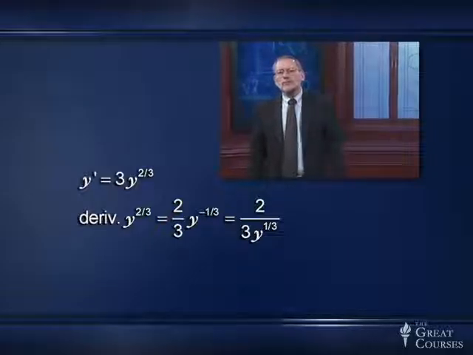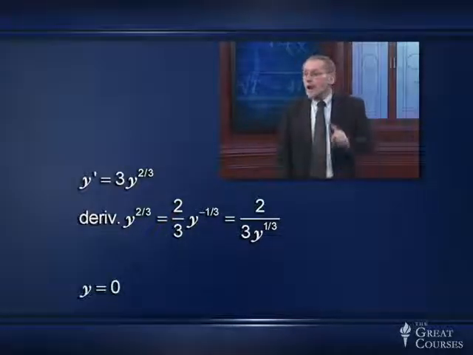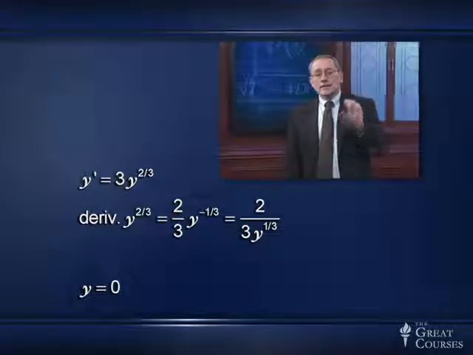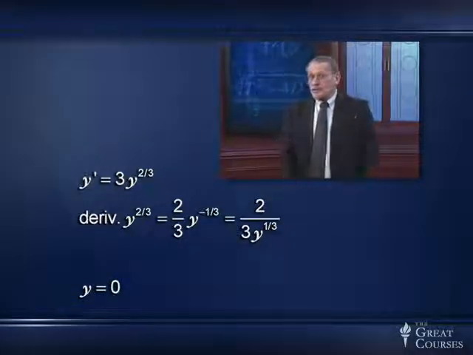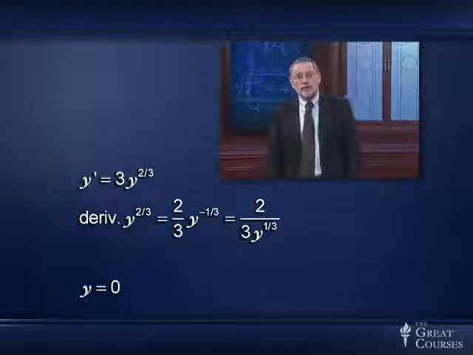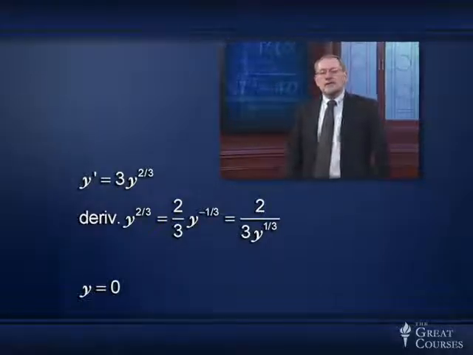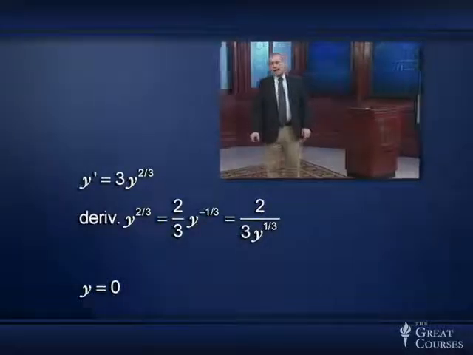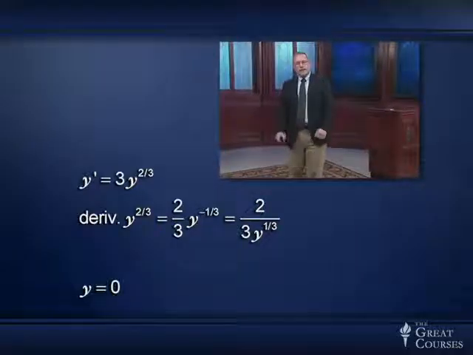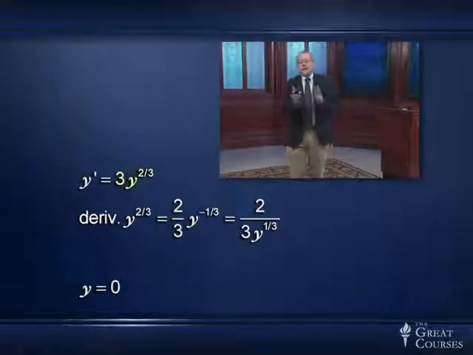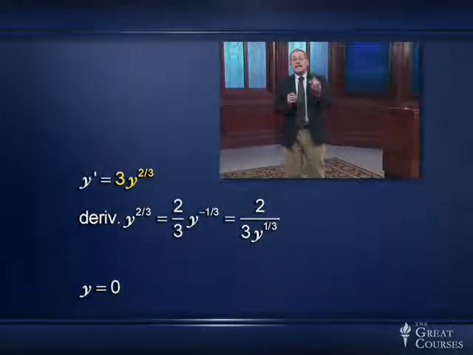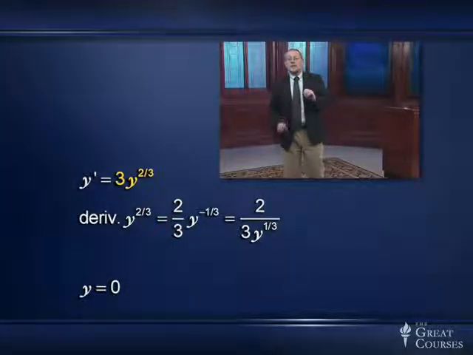Now, we know some solutions here. Obviously, y equals 0 is a solution, right? If you plug y equals 0 into the right-hand side, you get 0. So y equals 0 is a constant or equilibrium solution. Do you know any other solutions? Well, we'll see how to do this in a couple of lectures, but another solution is given by, well, look at the right-hand side. It's 3 times y to the 2/3.